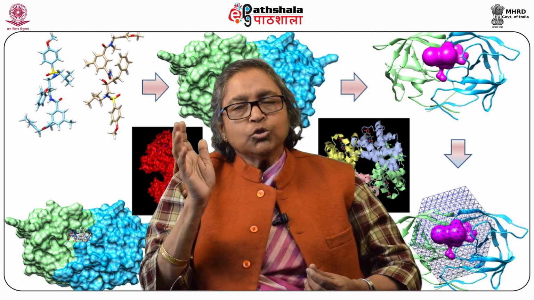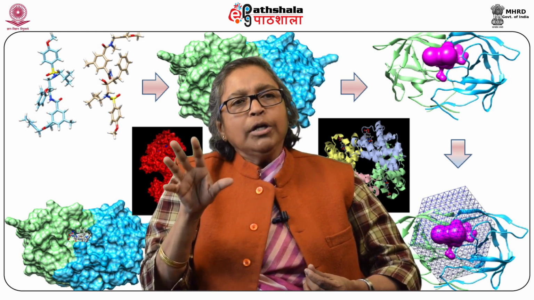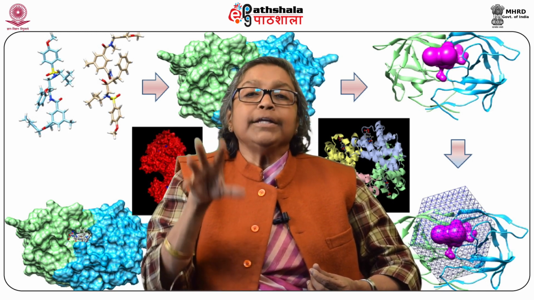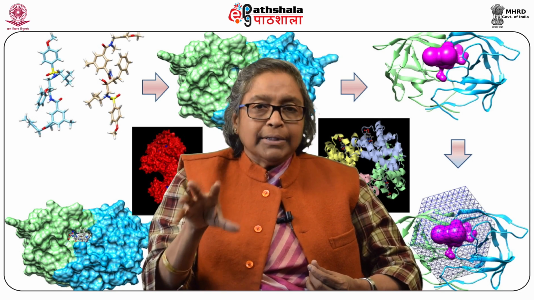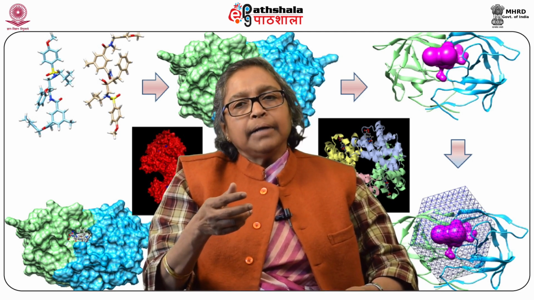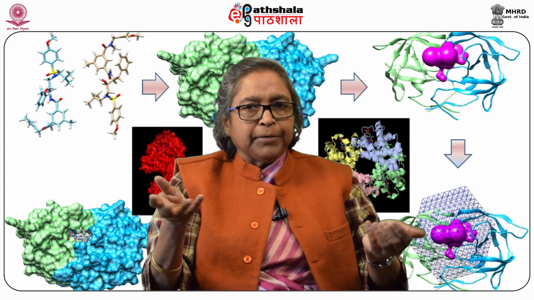Hence, one has to be careful not only to do scoring and automate the scoring functions, but also to visually inspect this, so that one can build really new test molecules, and those test molecules might perform much better than the others.